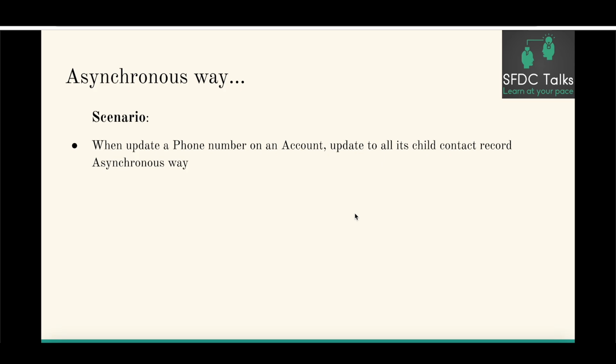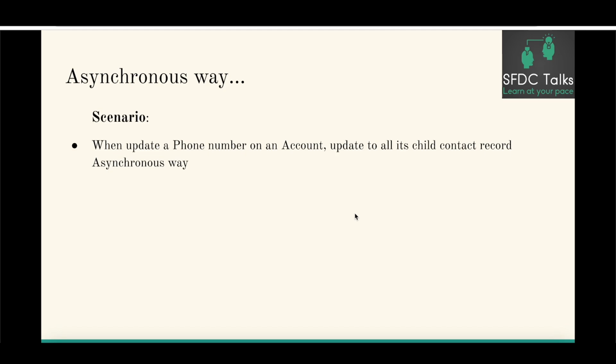In that scenario, if there is no big impact, like you don't want any immediate change on the contact and you can wait for some time, then you can go with the asynchronous way.